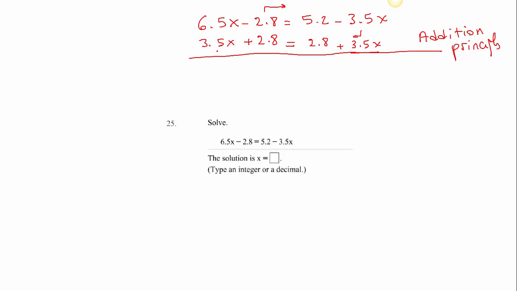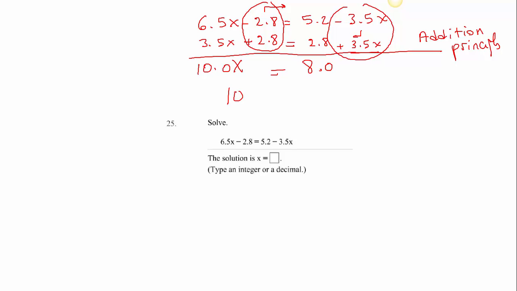So 6.5 plus 3.5 is 10. Bring down the decimal. 10x. These two will cancel. These two will cancel. 5.2 plus 2.8 is 8 plus 2, 10, 0, carry 1. 3 plus 5, 8.